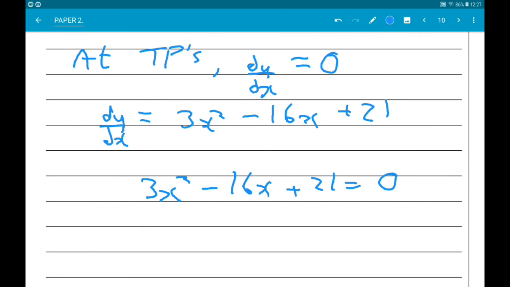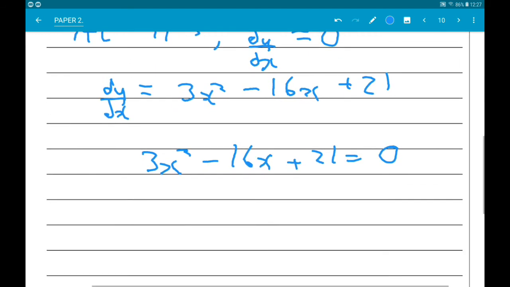Okay, so we need to factorize it. So we're going to need a 3x and an x. Now numbers that multiply together to 21 is only really 3 and 7.